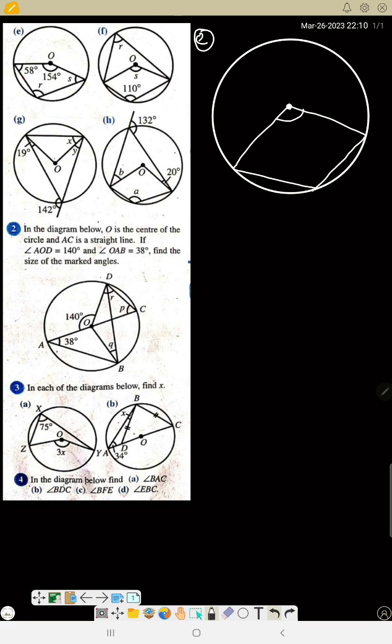So this is O. This place is 58 degree. S, R, so 154 degree. Now if you have this, first we are saying that this is a major angle.